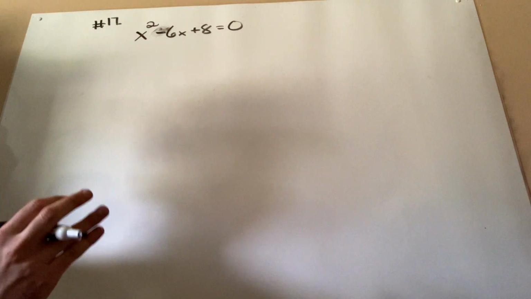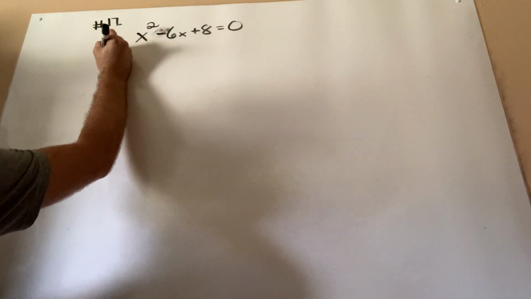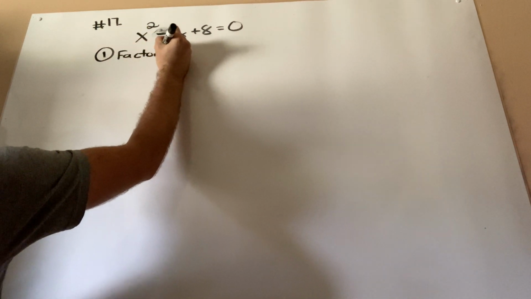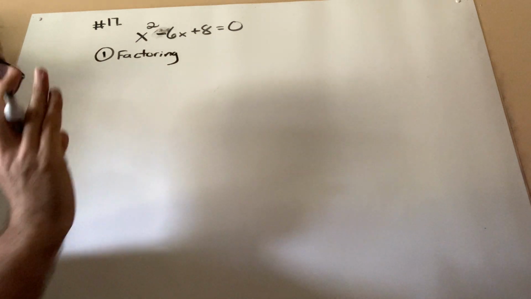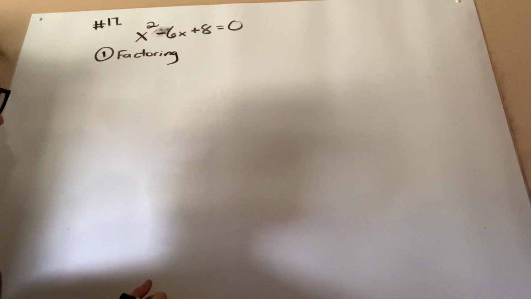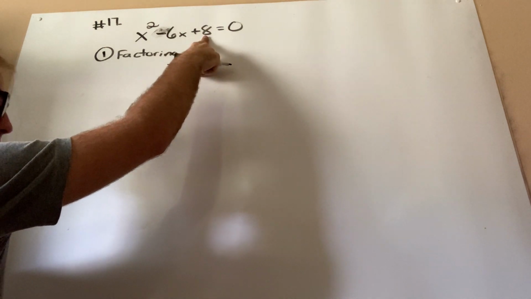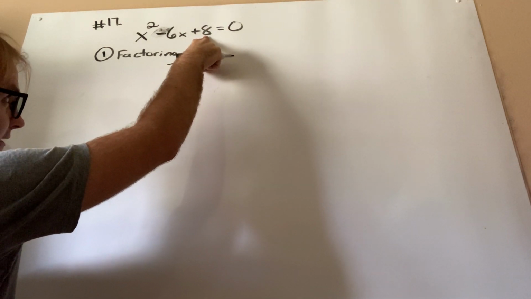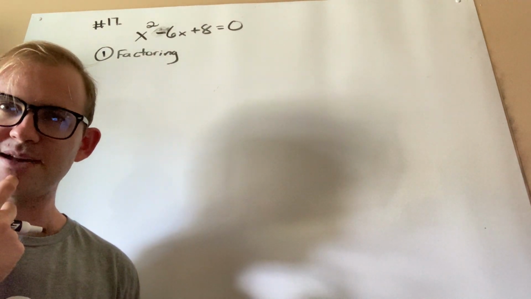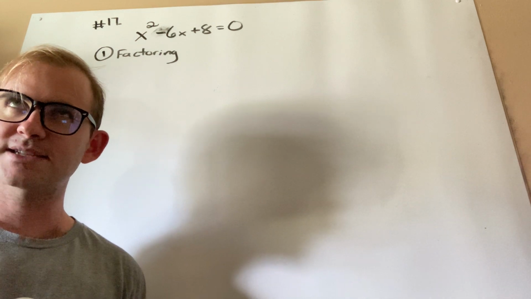Now, let's say we're going to try to solve this. We're going to call this method number 1. We're going to solve this by using factoring. To solve this by using factoring, here's what I need to do. I need to figure out what 2 numbers multiply to give me positive 8, but add to give me negative 6.